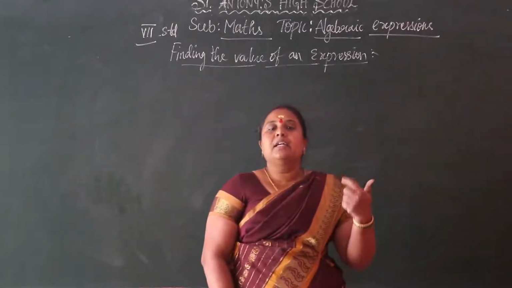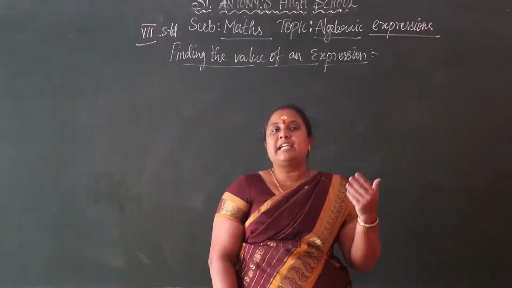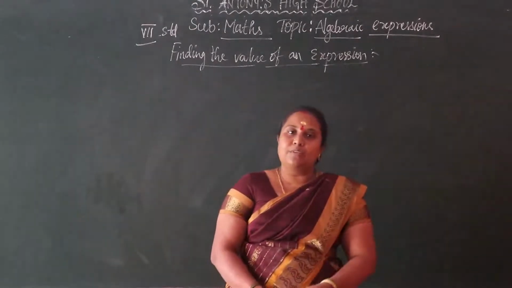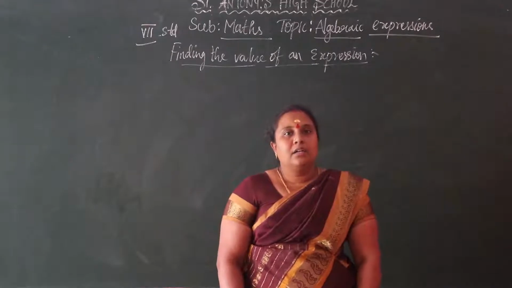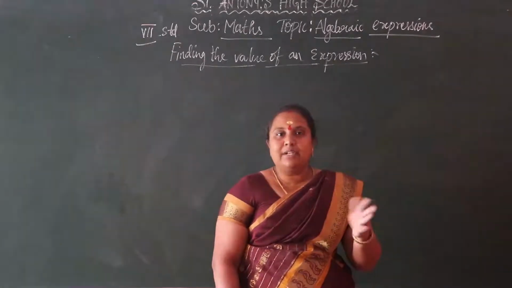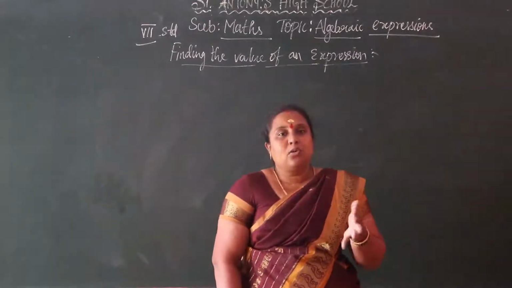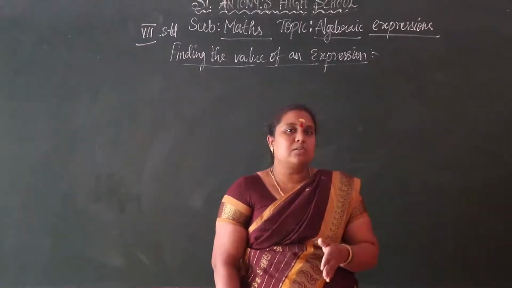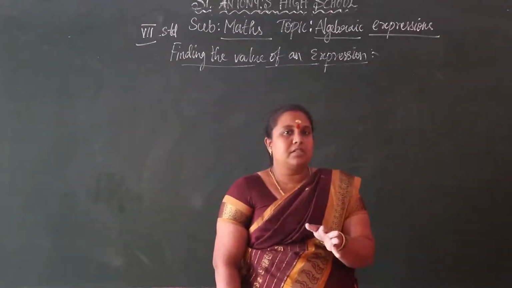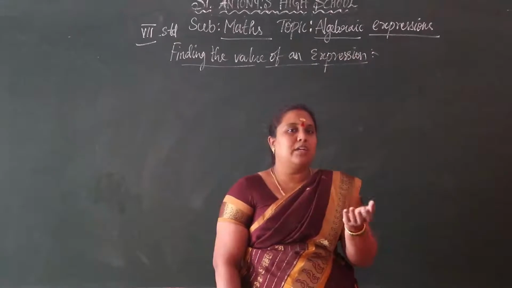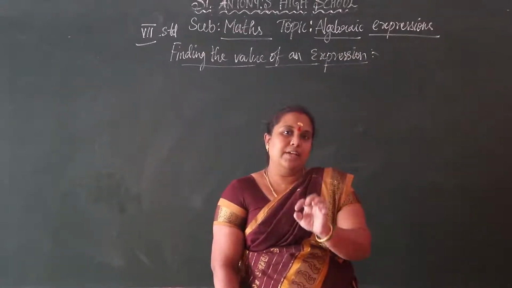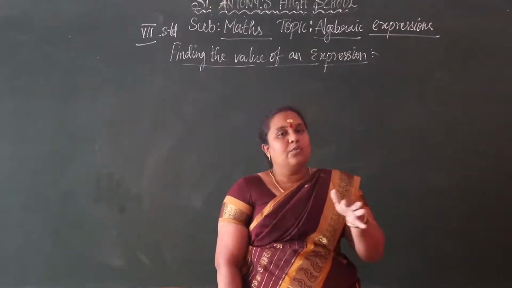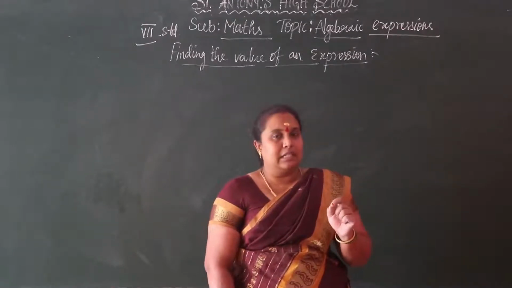Then we saw the differences between like terms and unlike terms in this class. And we learned in our last class the coefficients of the variables also: coefficient of terms, numerical coefficient of variables, and variable coefficient of numericals. We learned that, is it right?